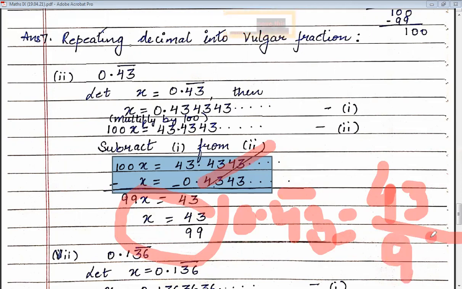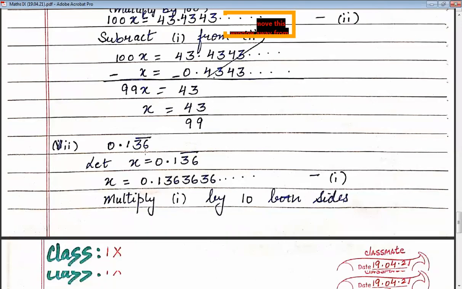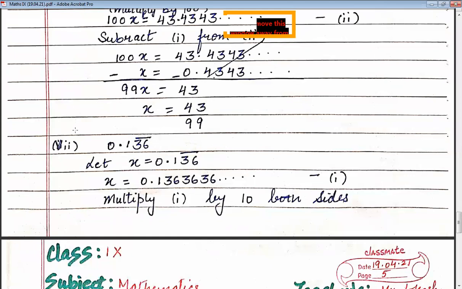It's very easy. You just have to let x be that thing, and then you have to multiply by 10, 100 or 1000. Okay, children. Now let's understand another question. You will be more clear with this. Now, children, in this you have a repeating decimal as 0.136 bar.